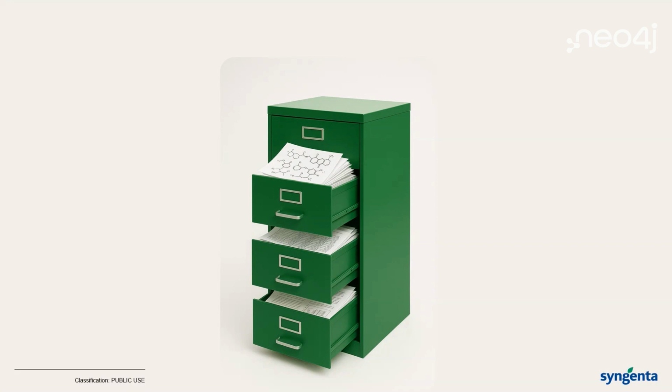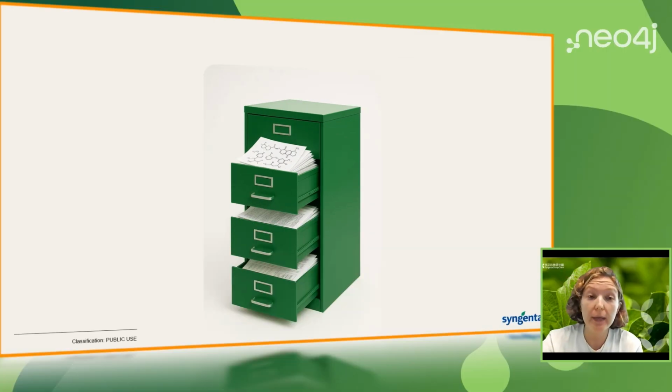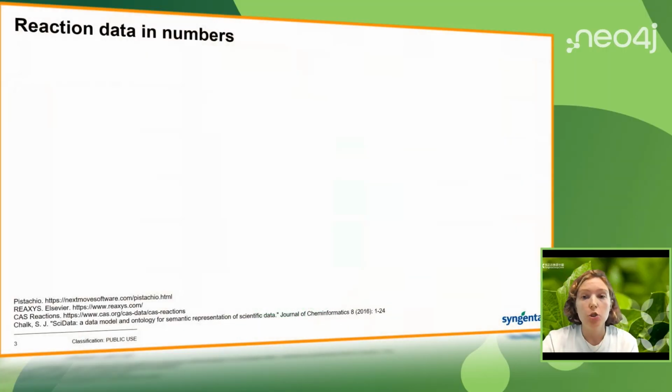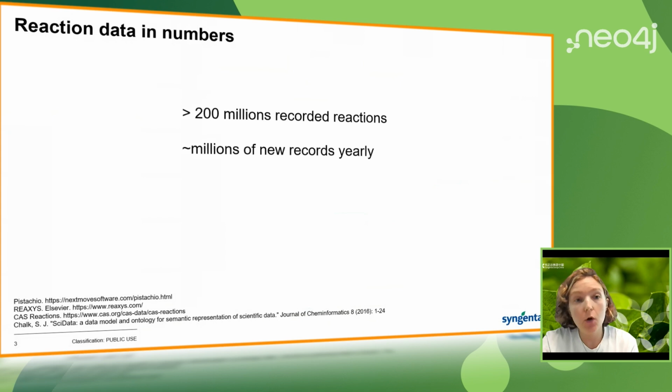Just to give you some numbers, how big is actually this drawer? First off, the sheer volume: if we sum together the number of reactions in some popular databases like Reaxys, CAS, Pistachio, it will easily be more than 200 million reactions, and this number grows really fast every year.